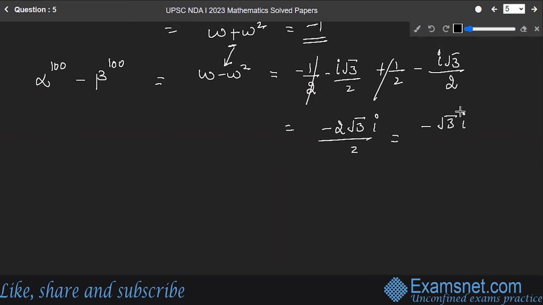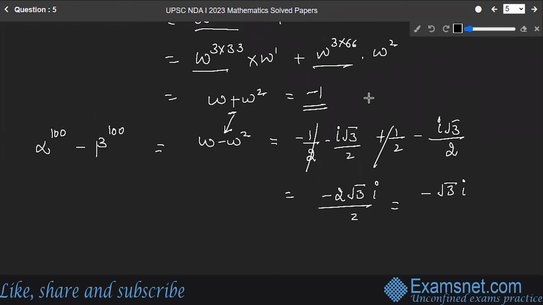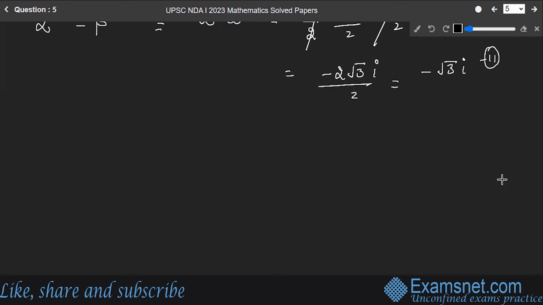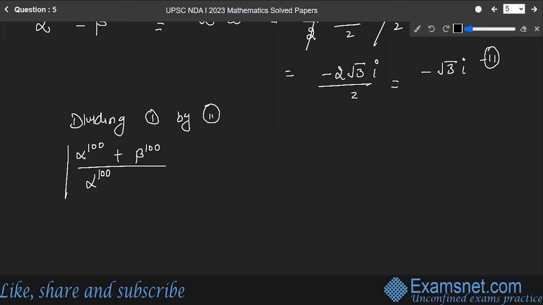Okay. Now let's divide 1 and 2. We had to do the same thing in the question. This is 1 and this is 2. Dividing 1 by 2. So alpha raised to power 100 plus beta raised to power 100 over alpha raised to power 100 minus beta raised to power 100 is equal to minus 1 upon minus this.